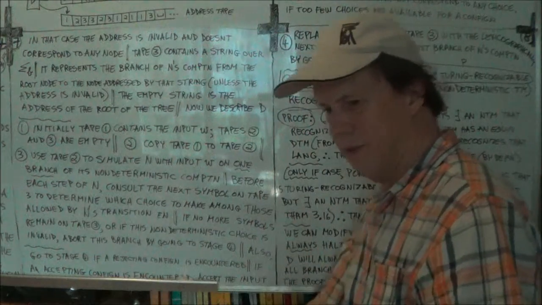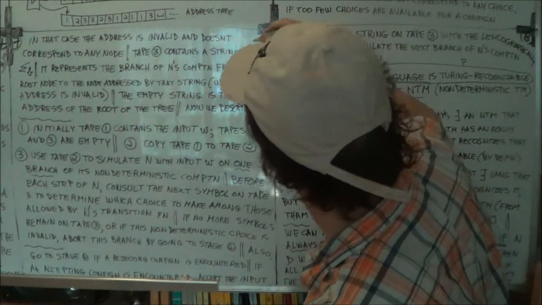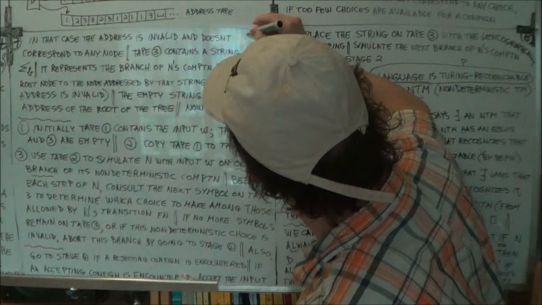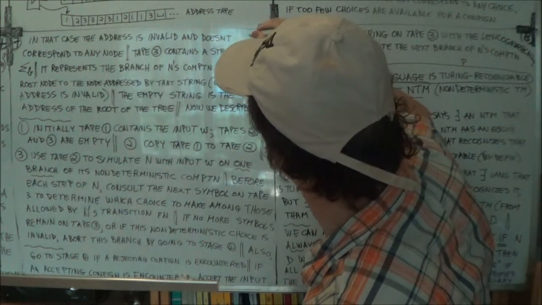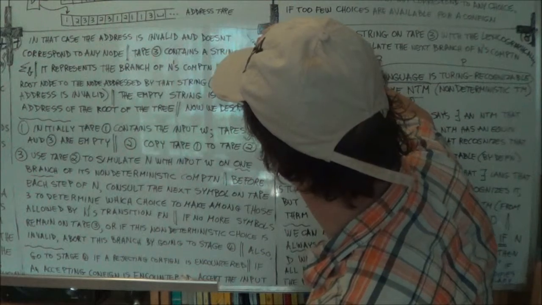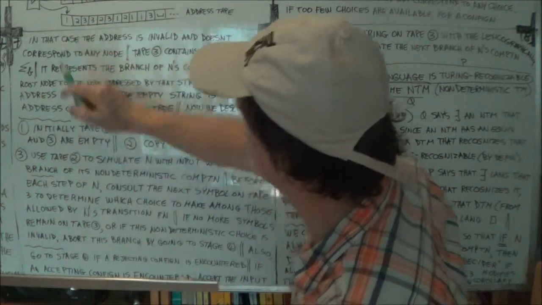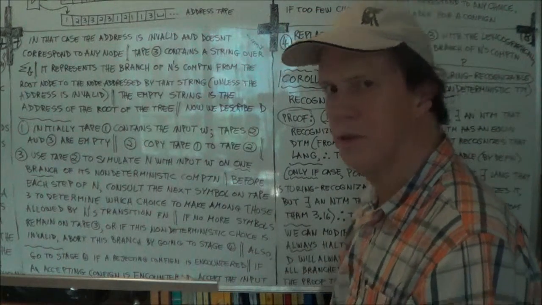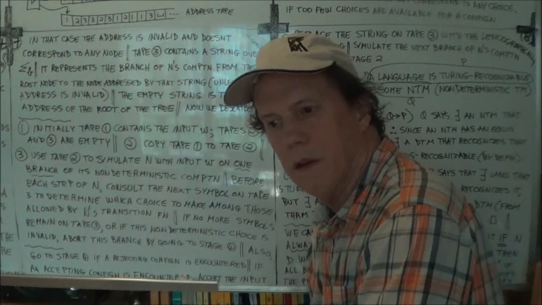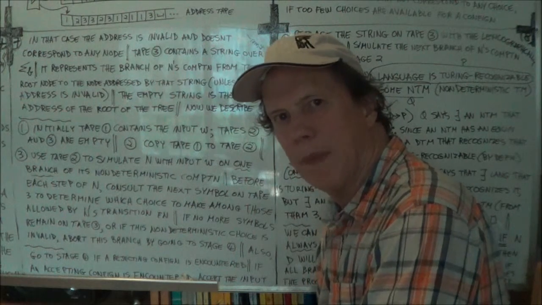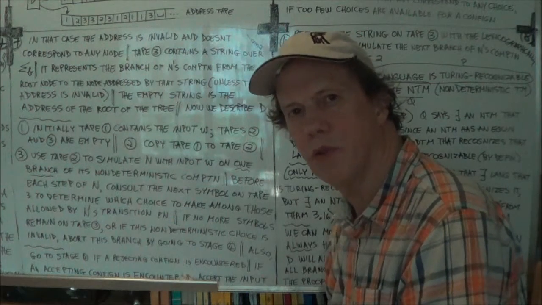So the smallest address would be, let's just say 1, or it could be 2 or 3 or 4 in the first square here, and that would correspond to the first step in your calculation, in your tree, the 4 children of the root node.